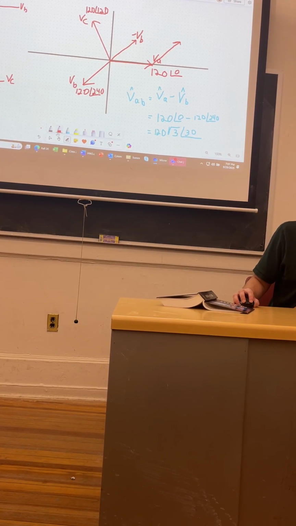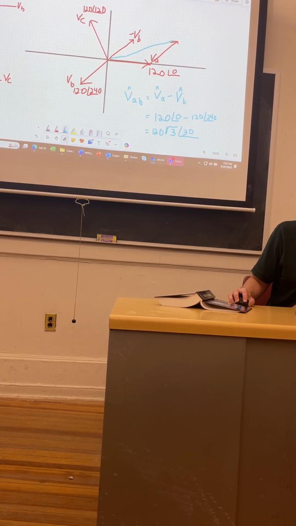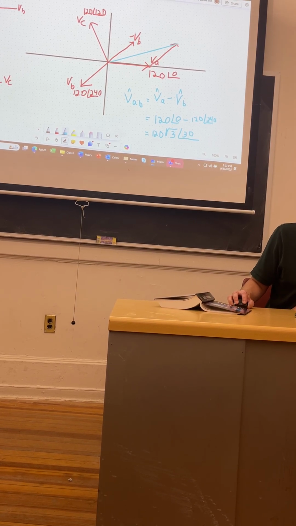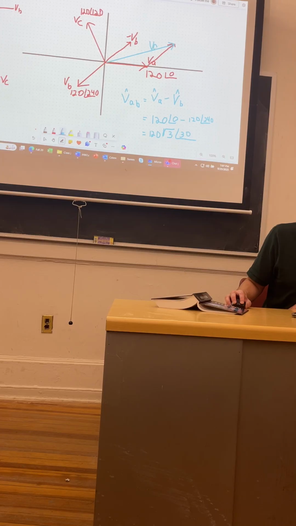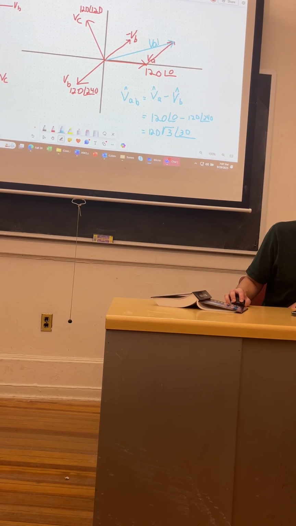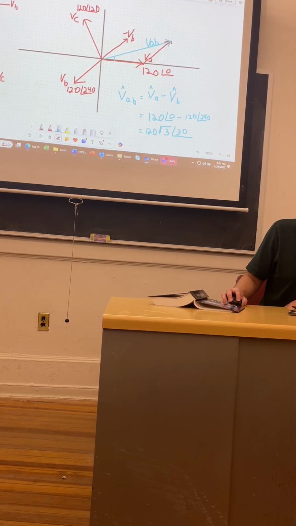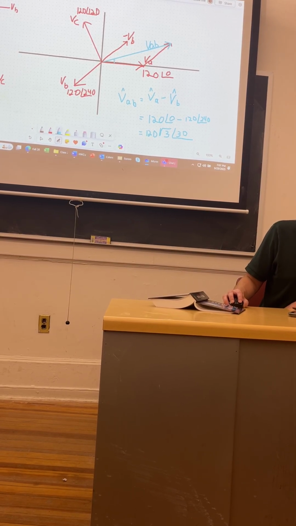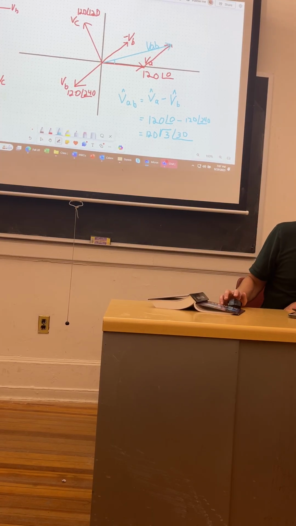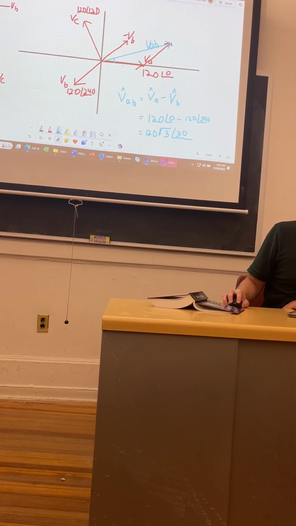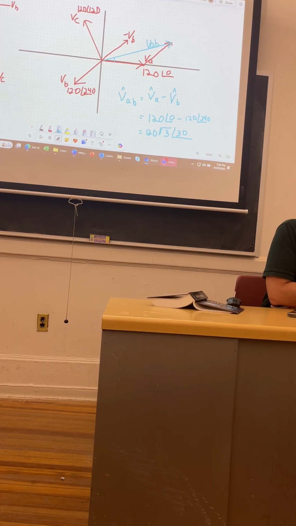And then my resultant is this. That's the result. This is VAB. So you can visually see the 30 degrees with respect to VA, and you can kind of see that it's a longer arrow than either VA or VB, and it's longer by a factor of square root of 3.